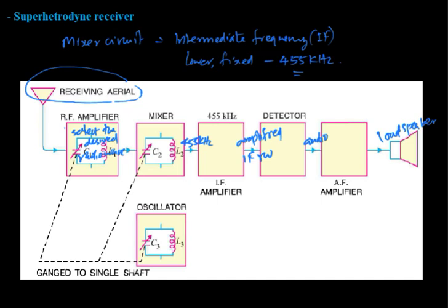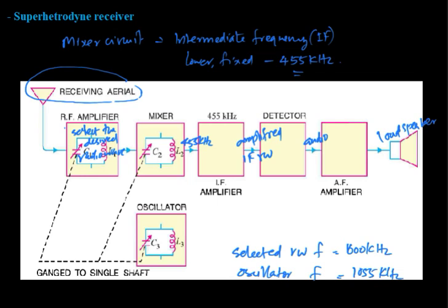Here what we have to note is that if the selected radio wave frequency is, say, 600 kilohertz, then the oscillator will produce a frequency of 1055 kilohertz.